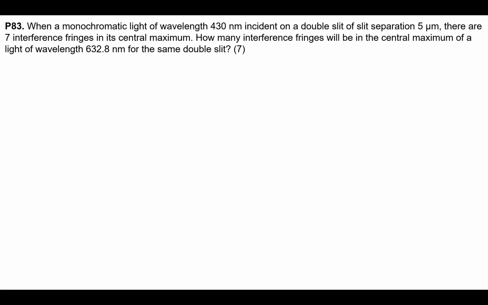When monochromatic light of wavelength 430 nanometers is incident on a double slit with a given separation, there are 7 interference fringes in its central maximum. How many interference fringes will be in the central maximum for light of wavelength 332.8 nanometers on the same double slit? So we have 7 interference fringes for a certain wavelength, lambda 1.